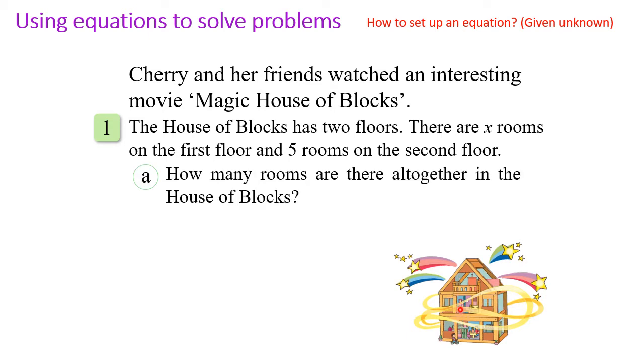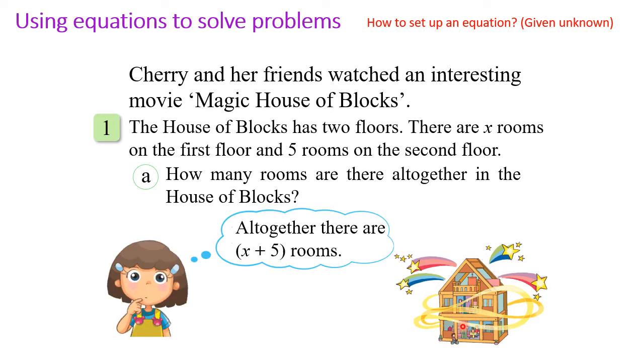So altogether, how many rooms do these 2 floors have? Like we learned in algebraic expressions, you add the number of rooms on these 2 floors together, which is x plus 5 rooms.